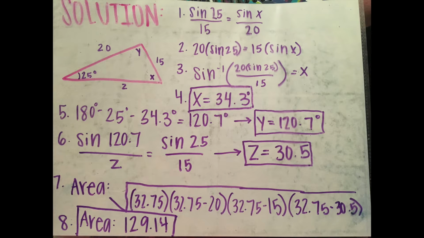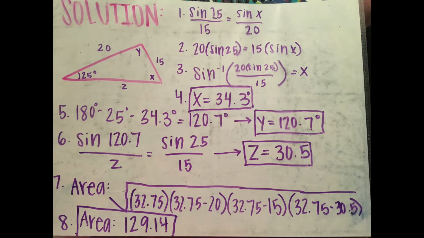And so the next thing that I had to do was I needed to find the length of side z. And so in order to do that, I had to set up one more law of sines equation, which was sine 120.7 over z is equal to sine 25 over 15. And so after solving that, I was able to get side length z to equal 30.5.